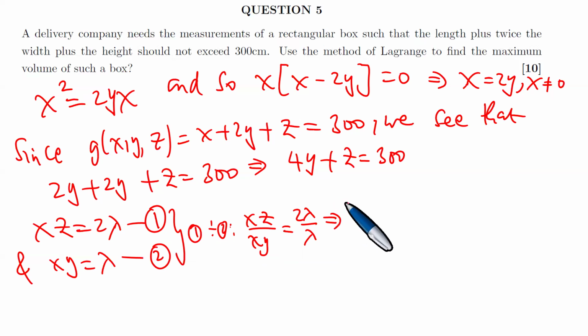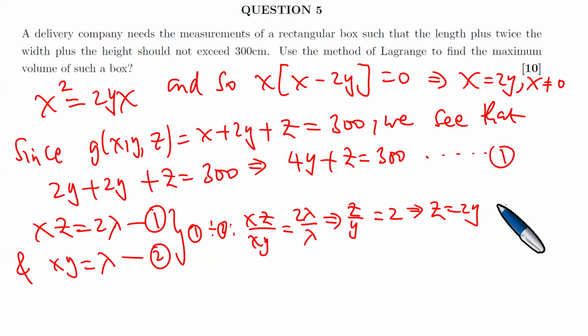What is this? x is going to cancel out, giving us z over y is equal to 2. You cross multiply here so that z equals 2y.